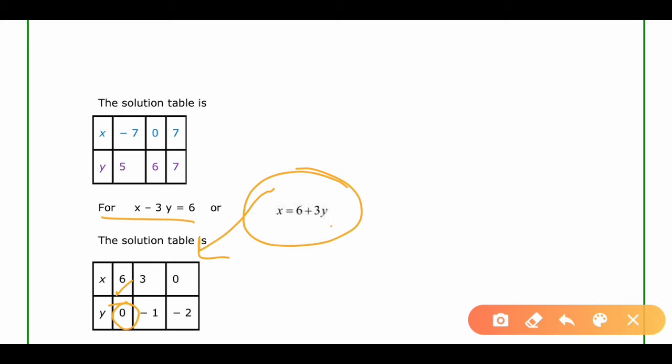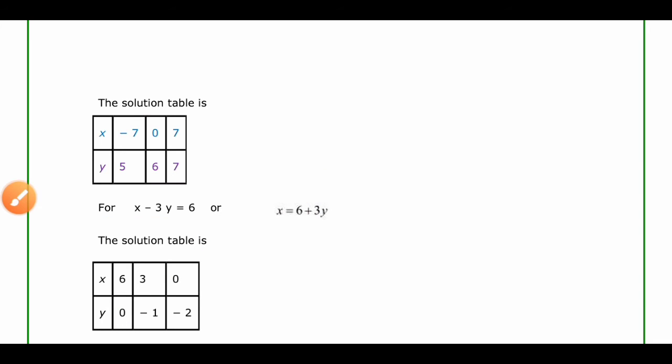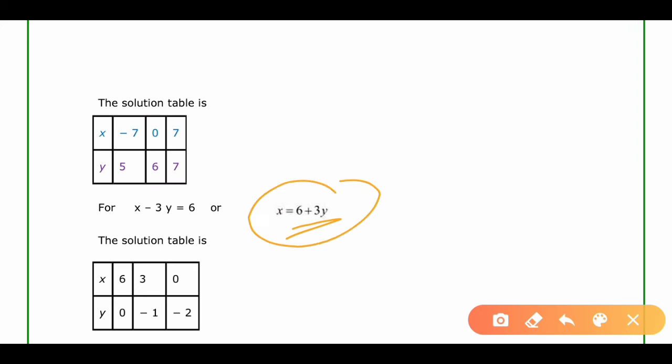Next, when we put y equals to minus 1, we'll get x equals to 3. Again, when we put y equals to minus 2, we'll get x equals to 0. Clear? After getting these values, we can draw the graph.